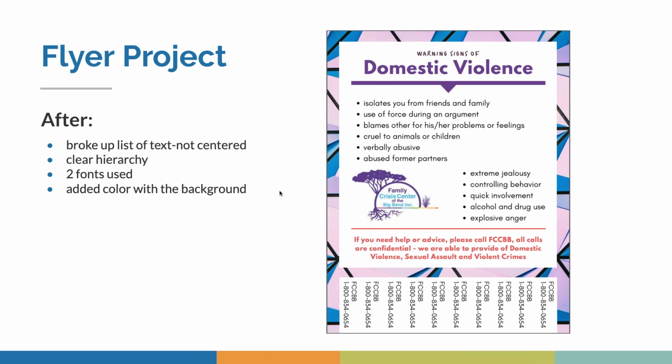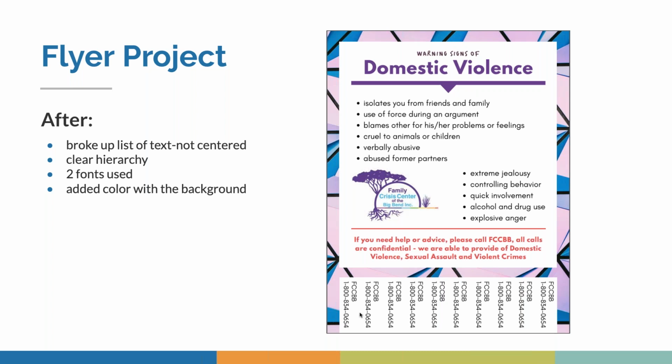So we used only 2 different fonts this time around, and then that splash of color again on the background. And we have a clear hierarchy here. I broke up the text so it's not centered all the way down. It's more on like a grid. Only the 2 fonts, this one up here, and then the font that's in the body.